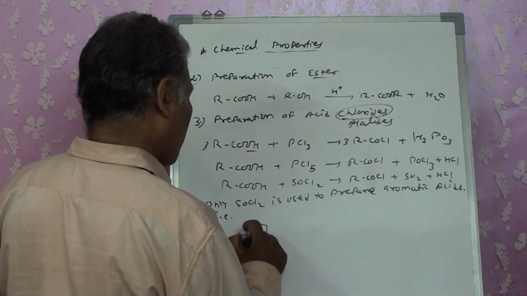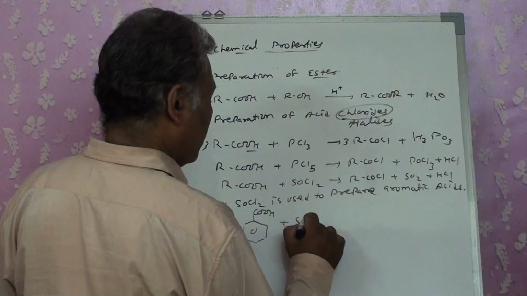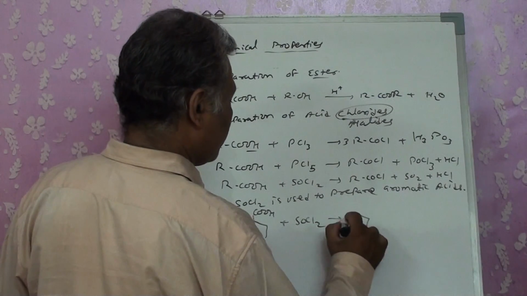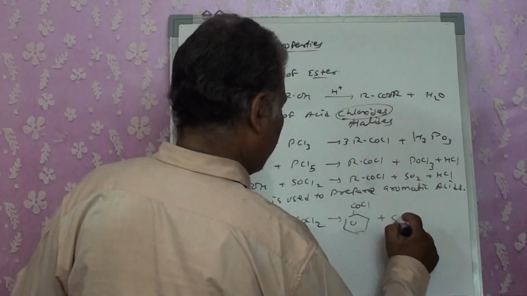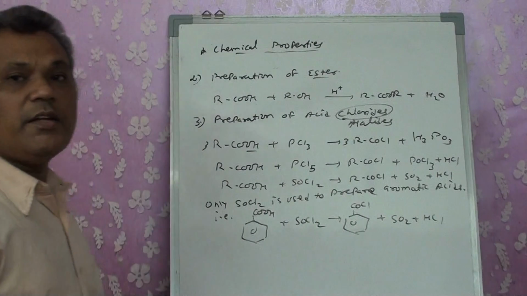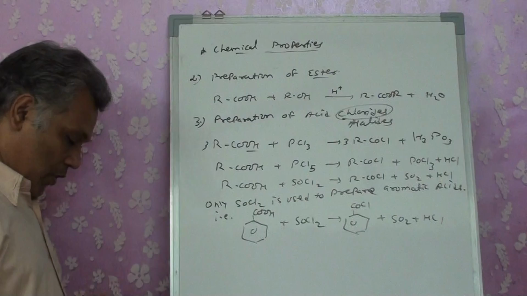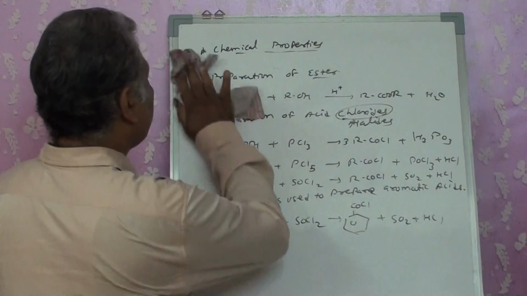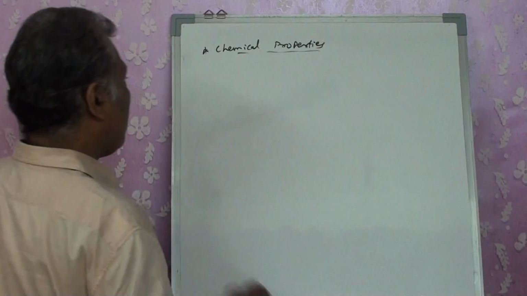That is, if I have benzoic acid, only SOCl2 is used. PCl5 or PCl3 does not give this reaction, right? Okay, the fourth reaction that we are going to do is the amide.